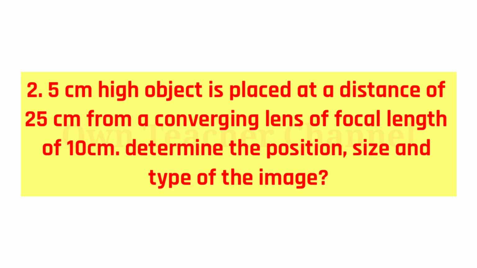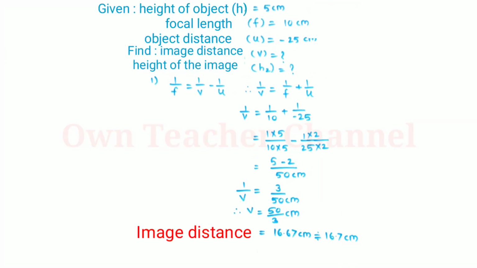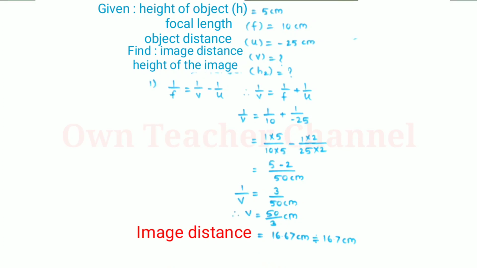A 5 cm high object is placed at a distance of 25 cm from a converging lens of focal length of 10 cm. Determine the position, size and type of the image. In this problem, height of object is 5 cm, focal length is given 10 cm and object distance is given minus 25 cm.